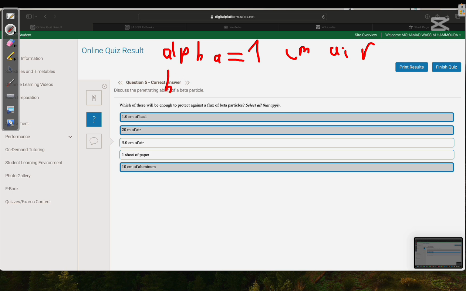Meanwhile, beta can go through 5 centimeters of air, or one sheet of paper.